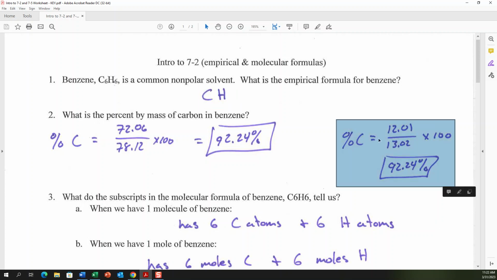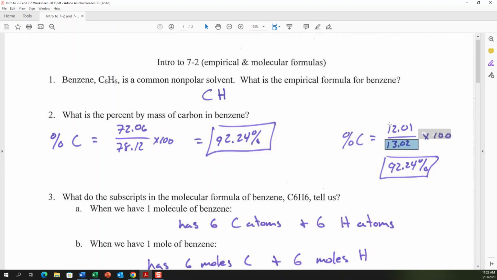CH has a mass of 13.02, and 1 carbon has the mass of 12.01. If we do the same thing for the percent by mass of carbon in this formula, we get the same percentage. That's something to know. An empirical and molecular formula will have the same percent by mass.